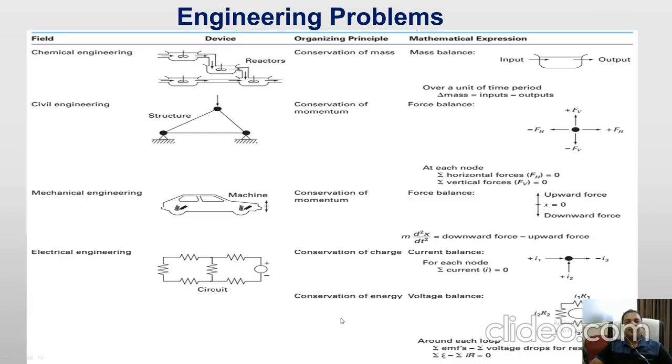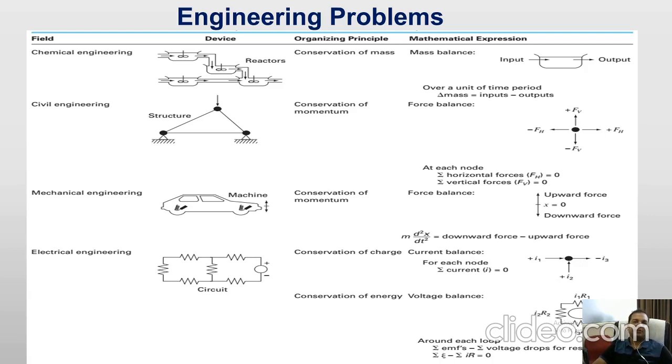Now we have some system examples, and from this slide we will be able to learn how we can get the system equations. Like this, we will consider chemical engineering problems.